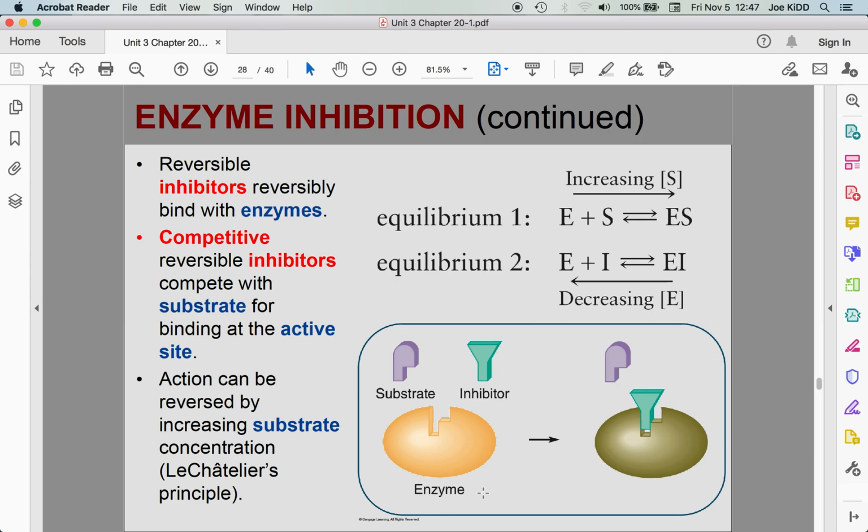There are reversible inhibitors, and those can be competitive or non-competitive. Reversible inhibitors obviously can bind and unbind from the enzyme, but there are two different kinds. There are competitive inhibitors, which compete with the substrate for the active site, and non-competitive inhibitors, which bind somewhere else on the enzyme, changing the active site.